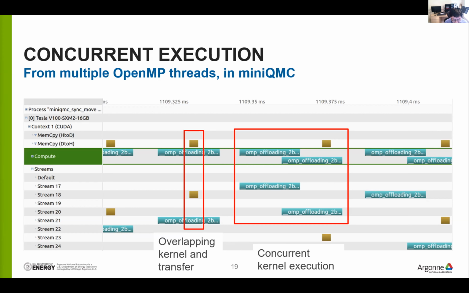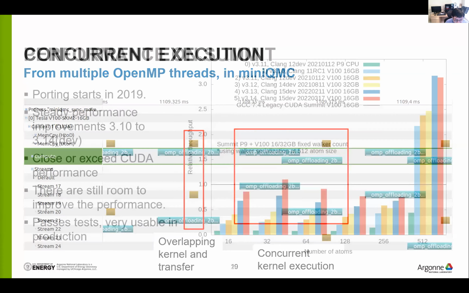Because of the independent streams, you will see those concurrent things happening, including concurrent execution and overlapping data transfer and execution.